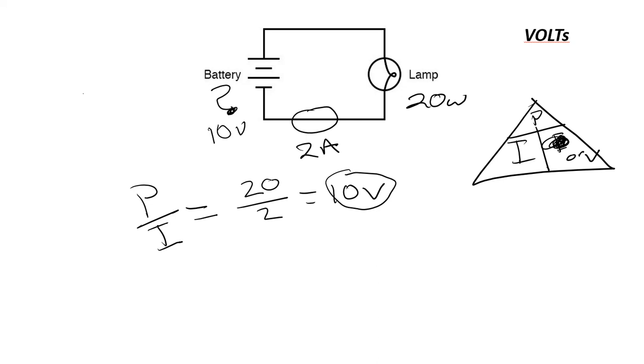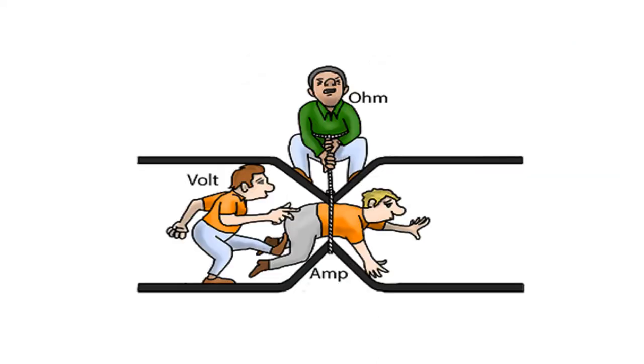So I know there's a couple questions on the final that ask you if something goes up, what happens to everything else. So I want you guys to look at this. I got my resistance right here. The more he squeezes on that rope, the slower this amp guy can get through.